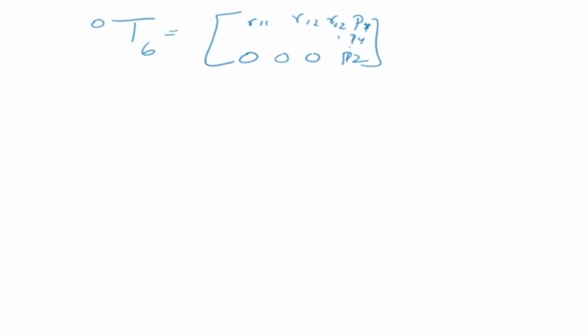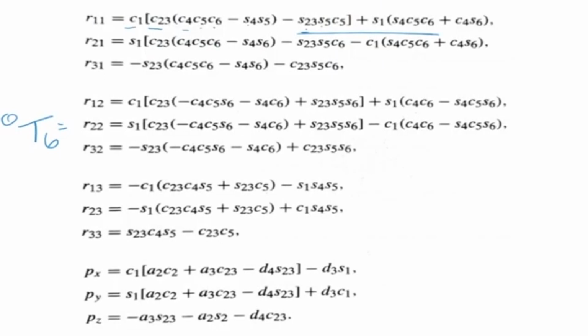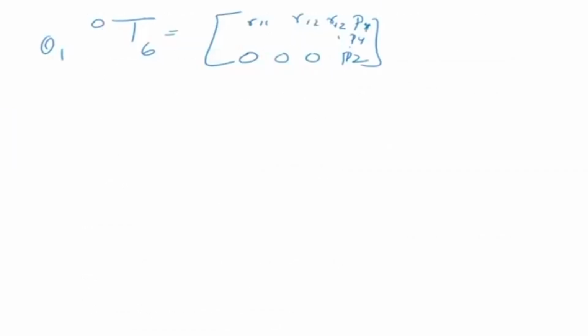So what we do essentially is, if you want to remove theta 1 from here, we take theta 1 to the other side. So I remove theta 1 and take it onto the other side, which means that this is equal to T0 to 1, T1 to 2, like that, up to T5 to 6. If I want to remove this one, what do I do? I take the inverse and bring it to this side.